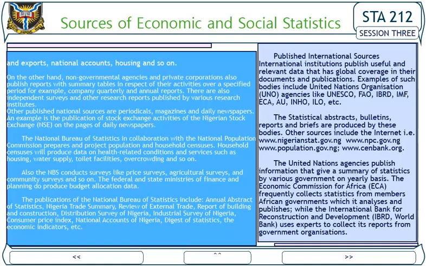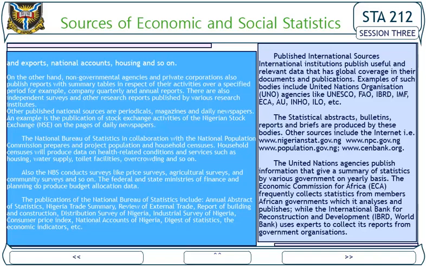The federal and state ministries of finance and planning do produce budget allocation data. The publications of the National Bureau of Statistics include Annual Abstract of Statistics, Nigerian Trade Summary, Review of External Trade, Report of Building and Construction Survey, Distribution Survey of Nigeria, Industrial Survey of Nigeria, Consumer Price Index, National Accounts of Nigeria, Digest of Statistics, the Economic Indicators, etc.